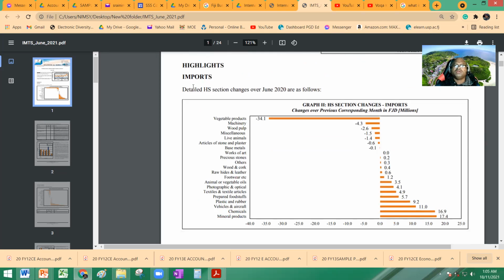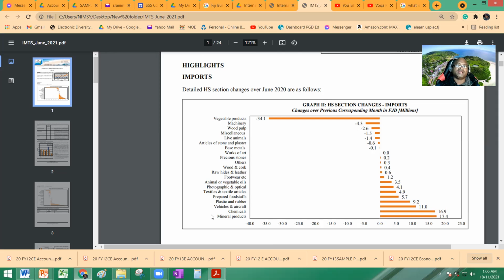Now, this one here, we look at the import. On the y-axis, you have some of the major items that we are importing.